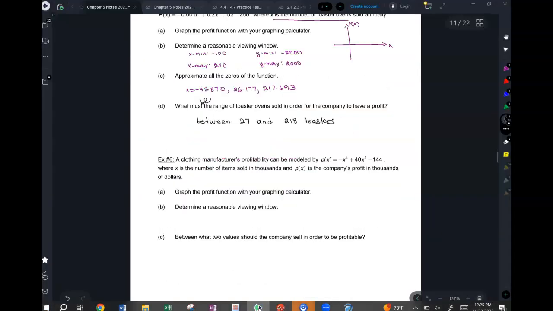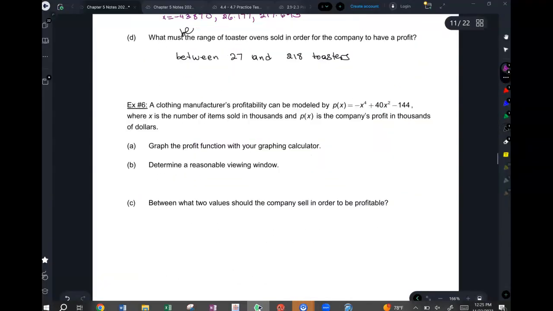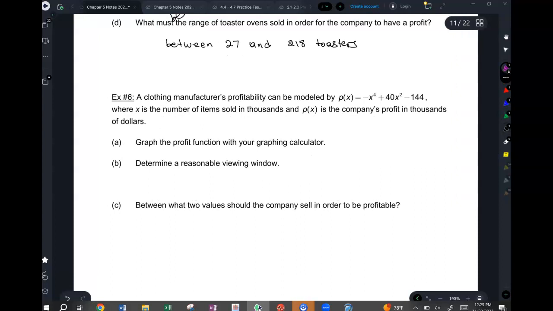All right. So let's move on to the next one. A clothing manufacturer's profitability can be modeled by this equation, where X is the number of items sold in thousands, and P of X is the company's profit in thousands of dollars.